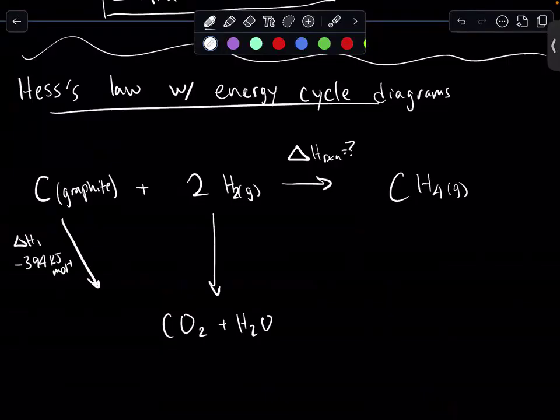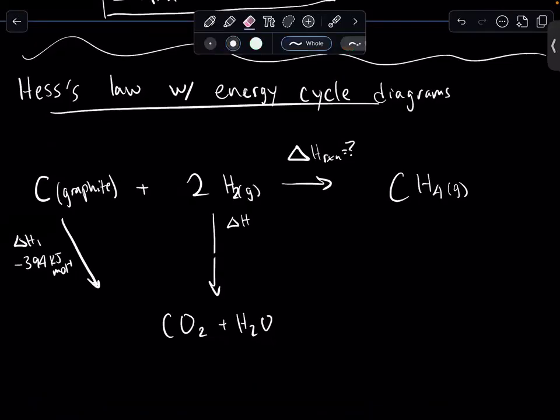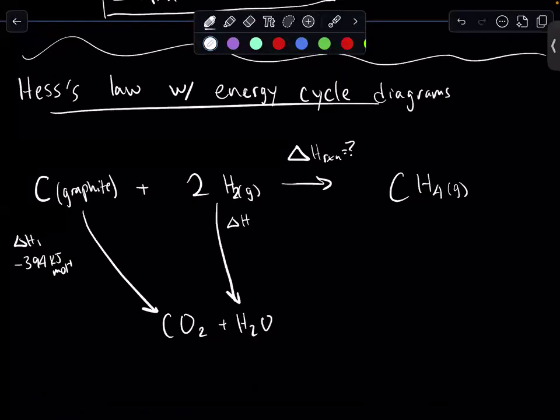Hydrogen will also combust with oxygen, to form H2O. Just like carbon will combust to form CO2. Let me actually make these arrows a little clearer. So the carbon will form the CO2 intermediate, and the hydrogen will form the H2O intermediate.